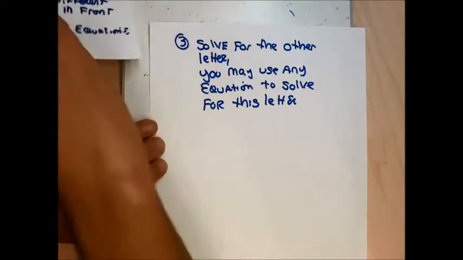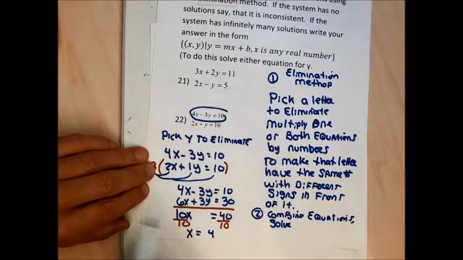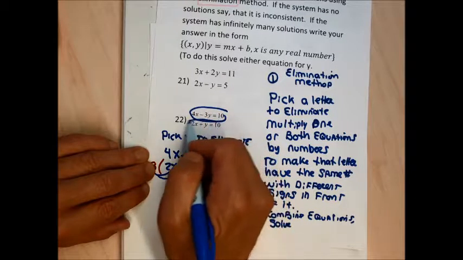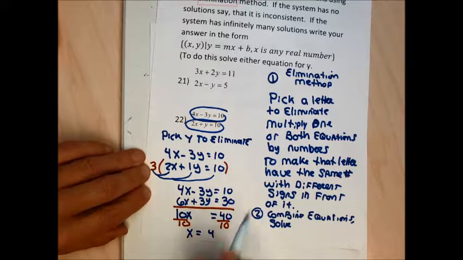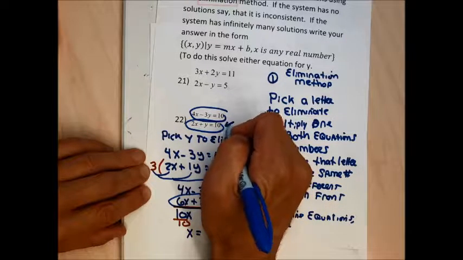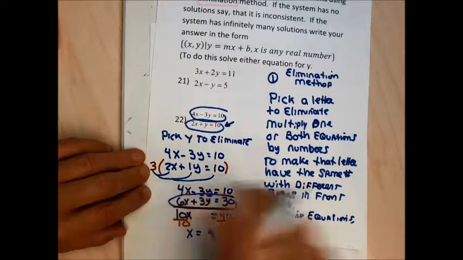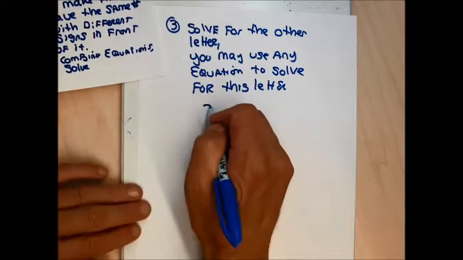So I have basically three equations. I have this equation I could use to solve for y, this equation I could use to solve for y, and this equation that I could use to solve for y. They all will give me the same answer for y. I'm going to use this equation because it has the easiest version of the y. So I'm going to use the equation 2x plus y equal to 10.